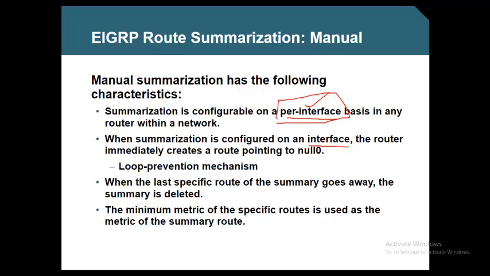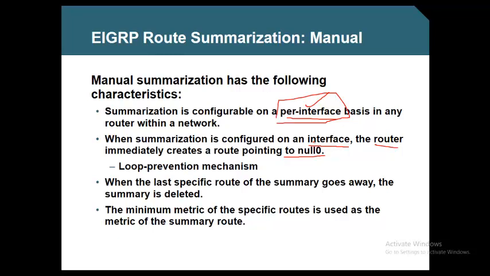So what happens is when you configure a summarization, the summary route will be available in the routing table, but it will be pointing towards an interface called null zero. Why? Because the summary route is the summarization of networks from various interfaces, so it cannot point towards a single physical interface.